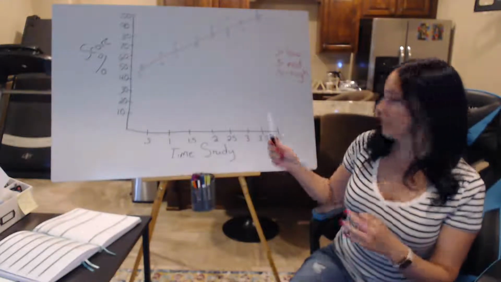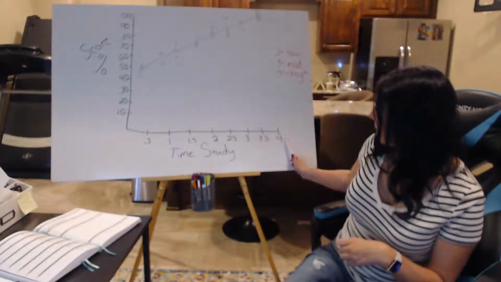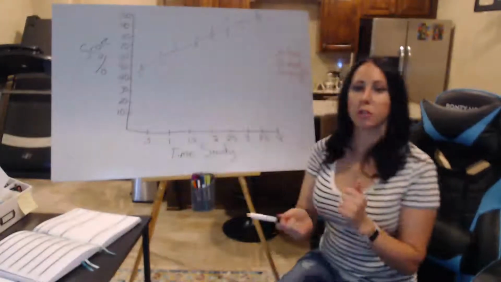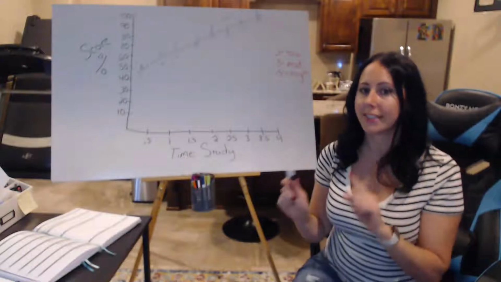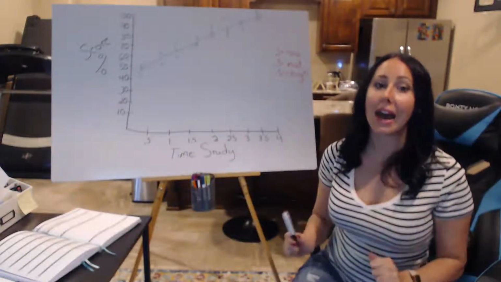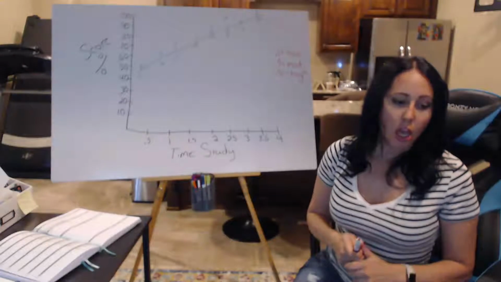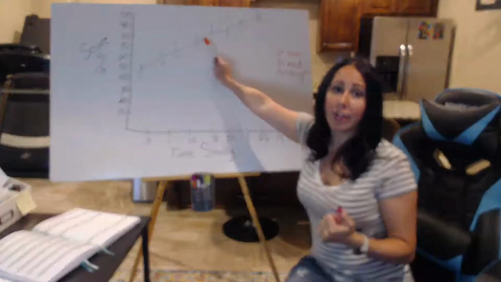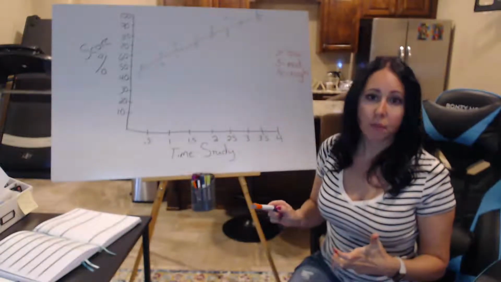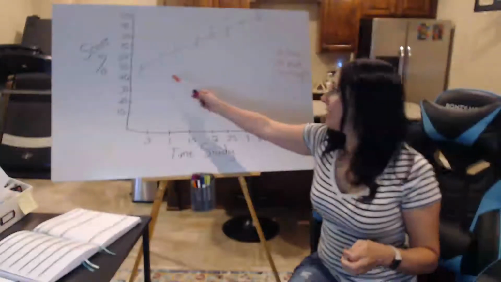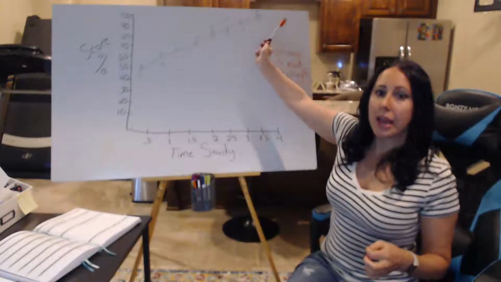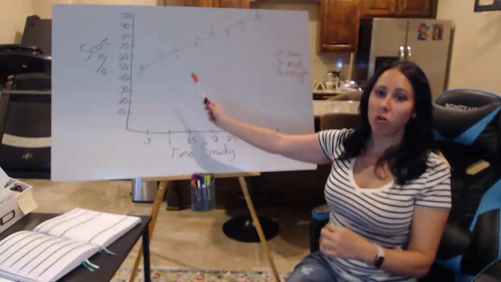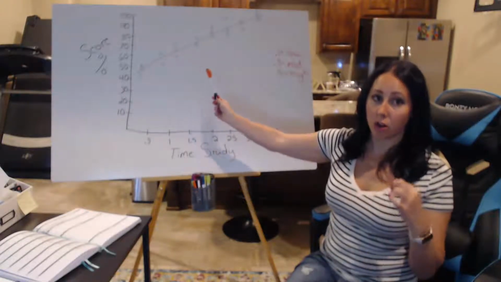And just for practice, since we are seeing as the time increases, the score increases, as the time decreases, the score decreases, what kind of correlation is this? It's a positive correlation. So with a linear correlation, we are not saying that all the marks have to fall exactly on this line. We are saying that this line is a good representation of the general trend of our scores.